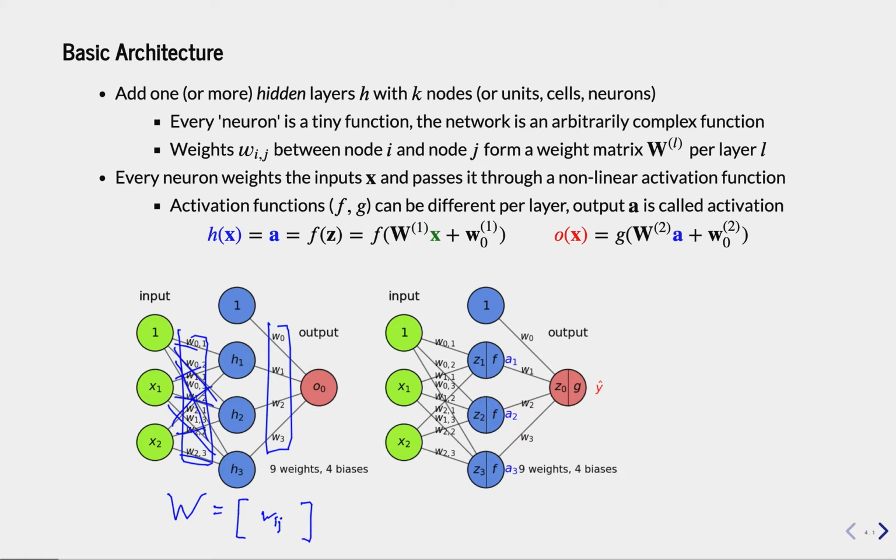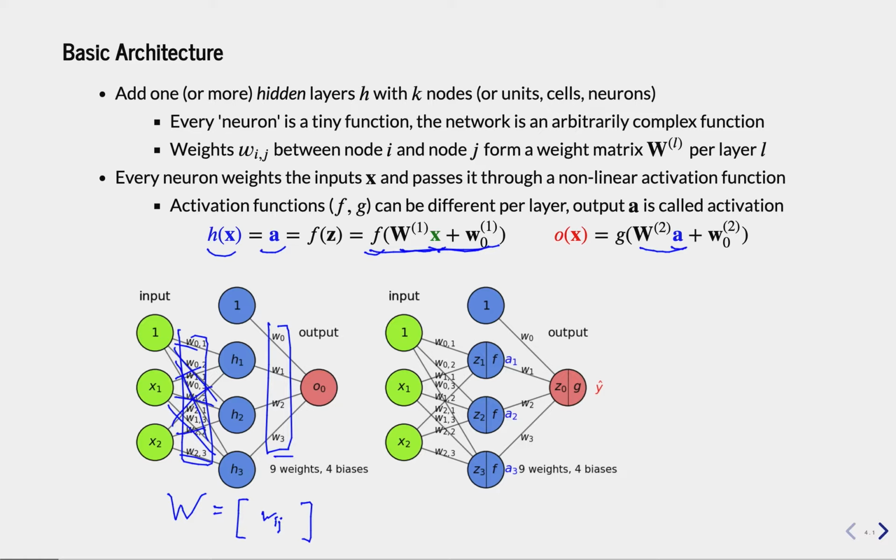Okay, so functionally, we look at our inputs x. We weight them by the weights of the first layer. We add the bias of the first layer. We push that through our activation function f, which yields our activations a, right? Or the output of layer h. Then we take the activations a, we weight them by the weight matrix of the second layer.